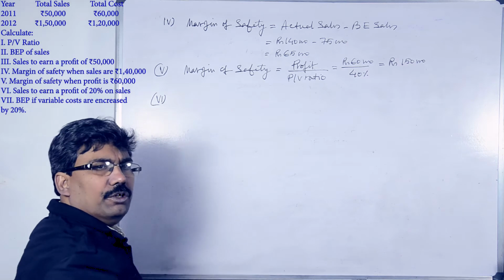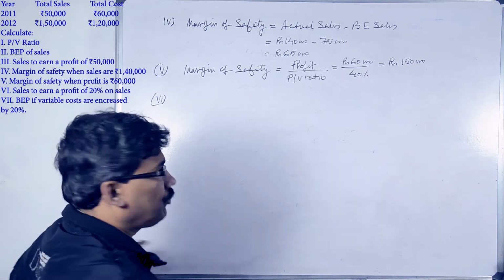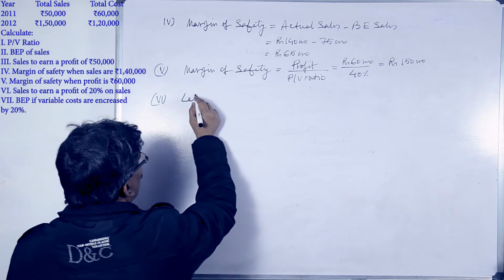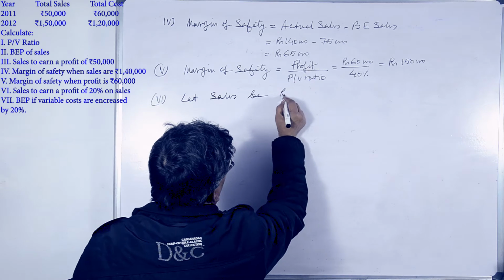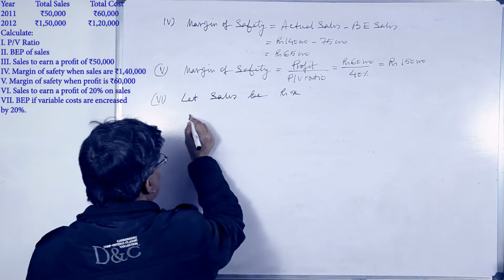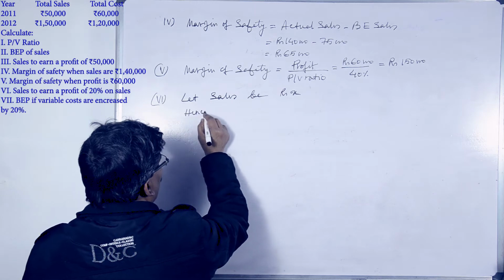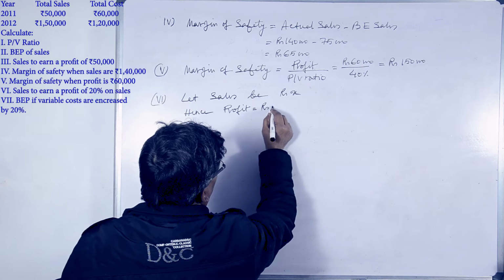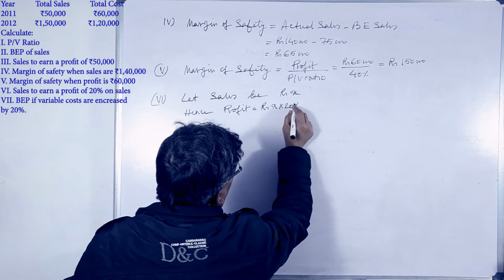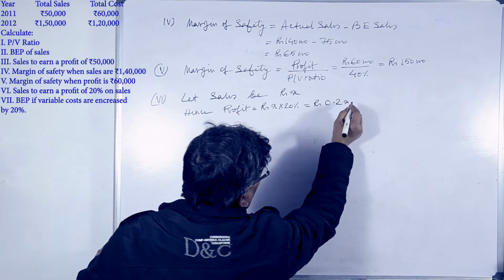As the profit is to be earned 20% on sales, better we assume sales as rupees X. Let sales be rupees X. Hence profit equals rupees X into 20%, means rupees 0.2x.